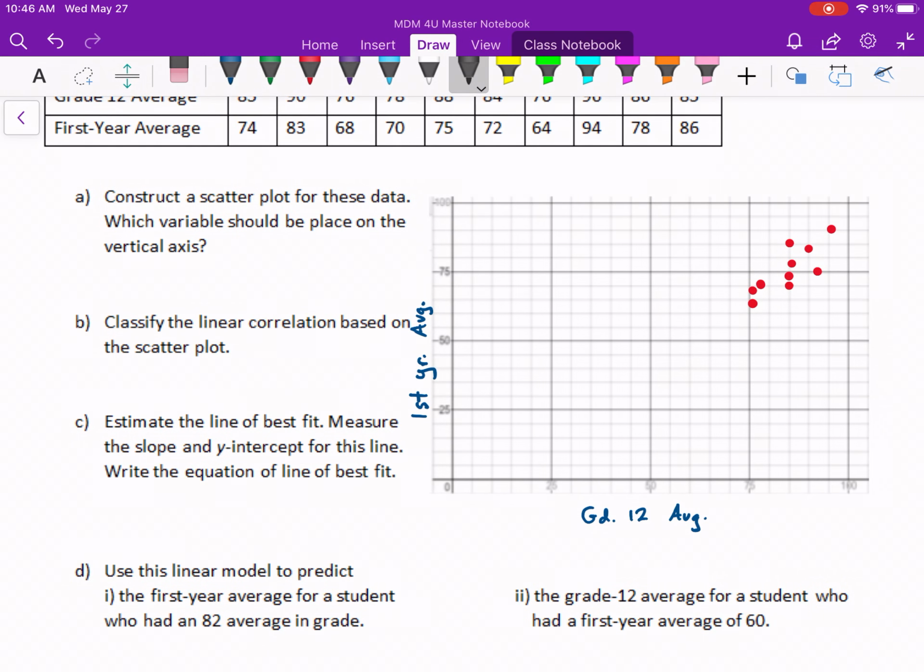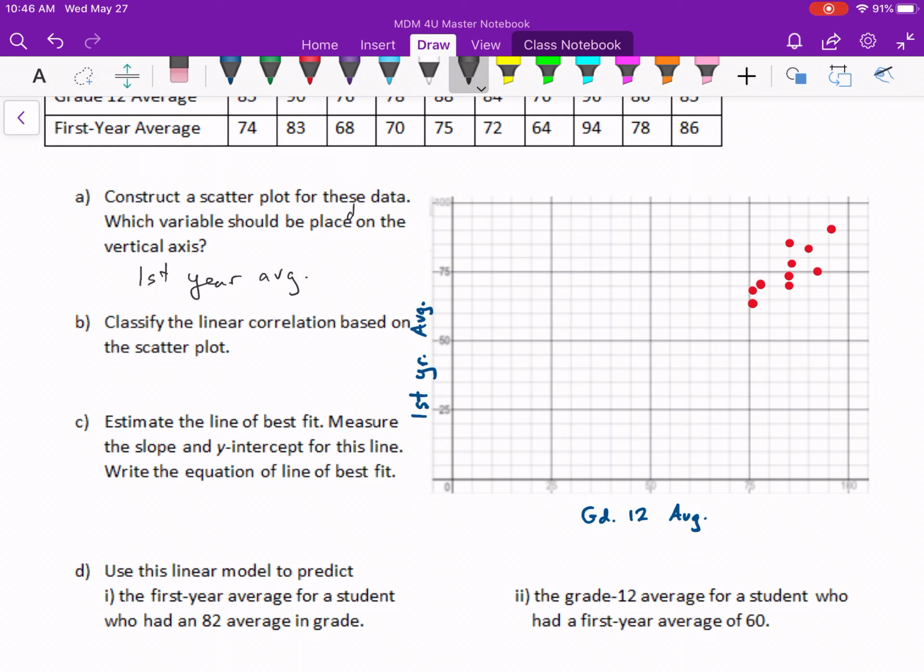Which variable should be placed on the vertical axis? On the vertical axis, it should be the first-year average, because it is the dependent variable. Supposedly, what you get in first-year university is going to depend on how you did in grade 12.